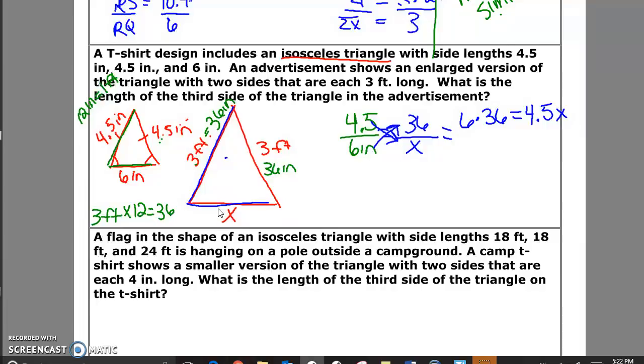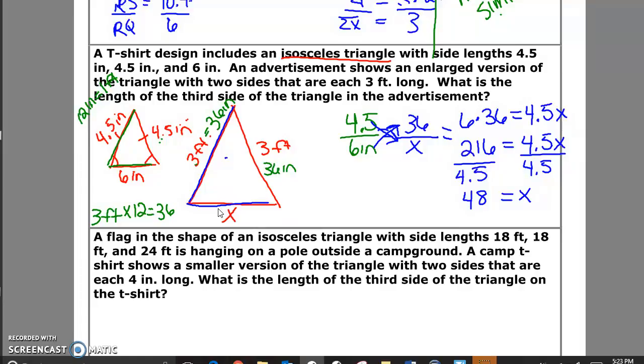So now we can do that 6 times 36, which is 216 equaling 4.5x. This is something that we've done since the beginning of the year. We got to solve for x, get that x by itself. So we're going to do the opposite and divide by 4.5. Use those calculators. That leaves us with 48 equals x.